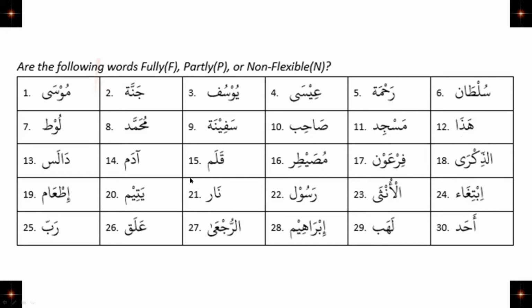Very good. Let's go to Kalam. Is it F, P, O or N? Can it show all the signs at the end? And can it be munawwan? Kalam. Why is it an F? Please give me the why. It's easy for you. Who can tell me why?